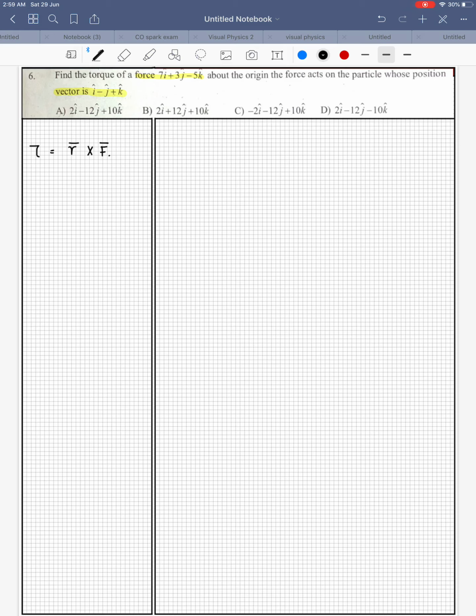So you have your origin. There is some point P. Say force is in this direction and your position vector is in this direction.